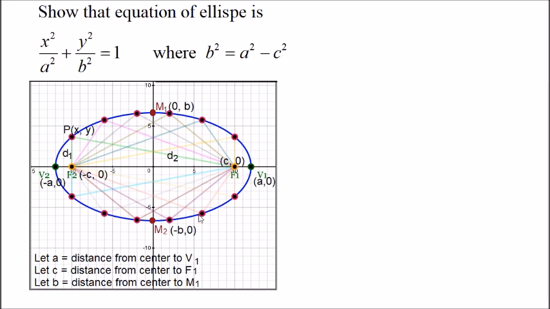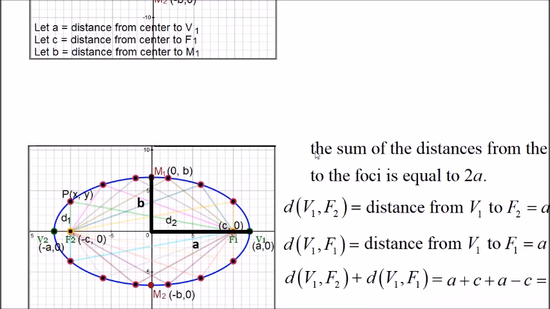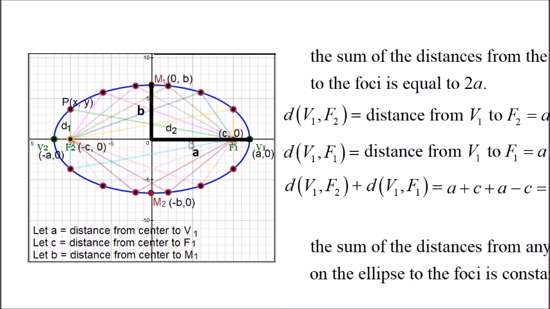So I want to show that the equation of this ellipse is x squared over a squared plus y squared over b squared is equal to 1. Once again, the distance from the center to M1, we'll call it B. The distance from the center to vertex 1, let's call it A. And then the distance from the center to focus 1, let's call it C.